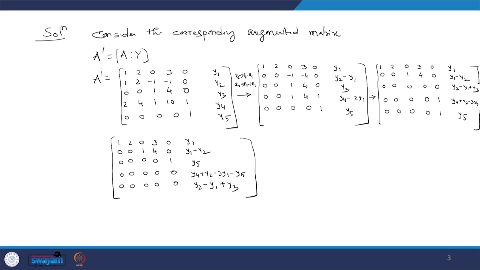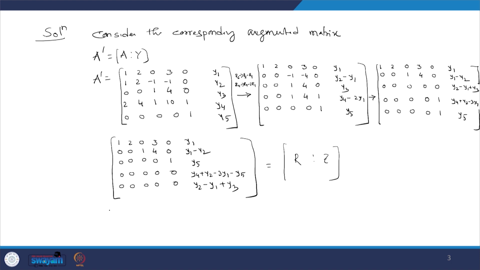Now, we see that the first 5 columns satisfy the condition of the row reduced echelon form of the matrix, and it is also a row reduced matrix. So, I can write this as R and Z type.